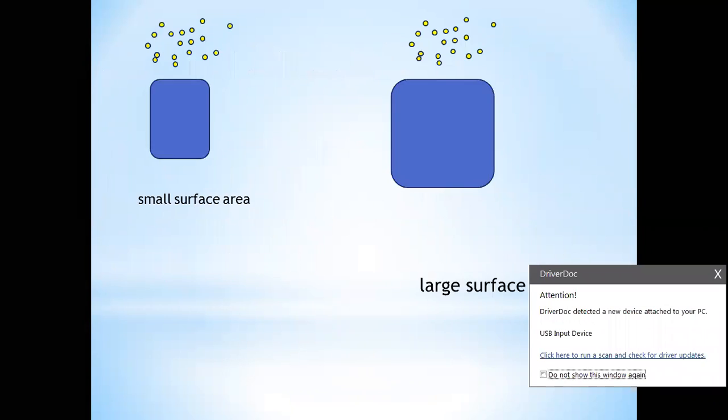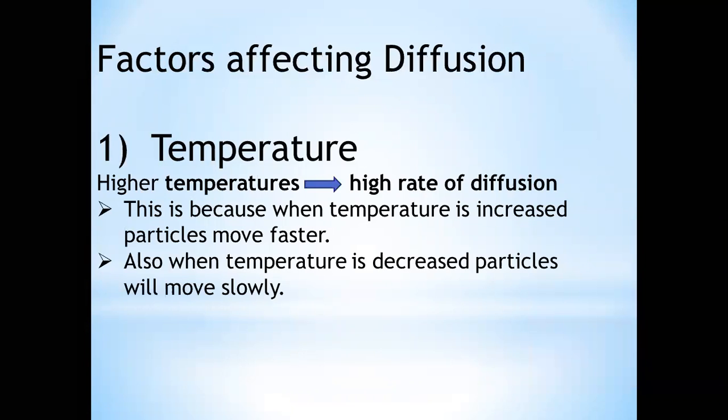When particles gain more kinetic energy, they then have more potential to move. This is because when temperature is increased, particles move faster. Also, when temperature is decreased, particles will move slowly.